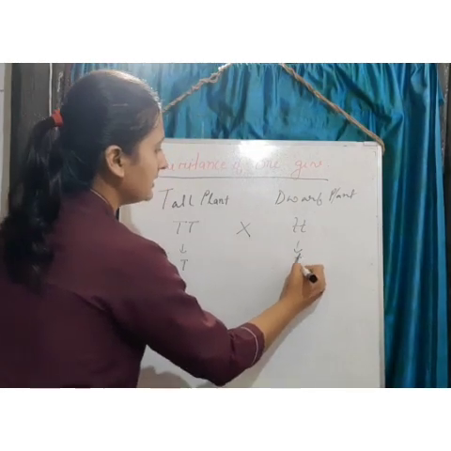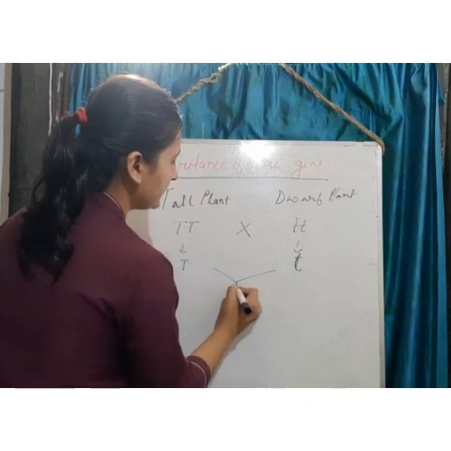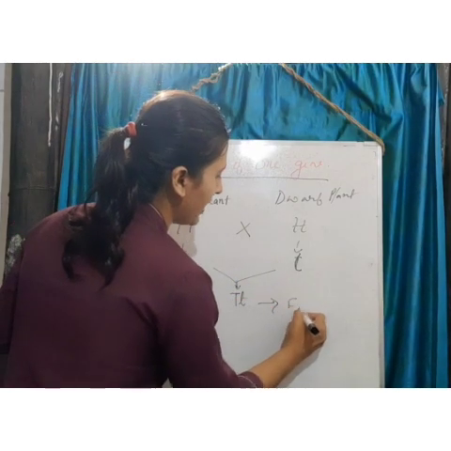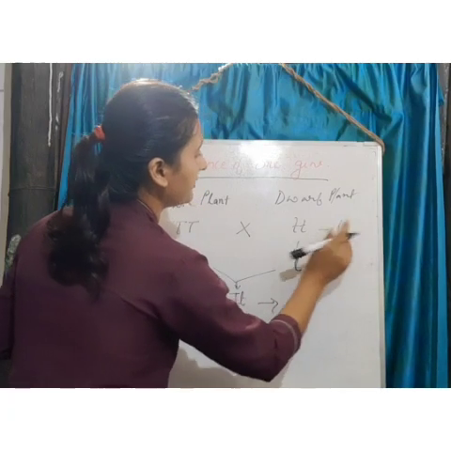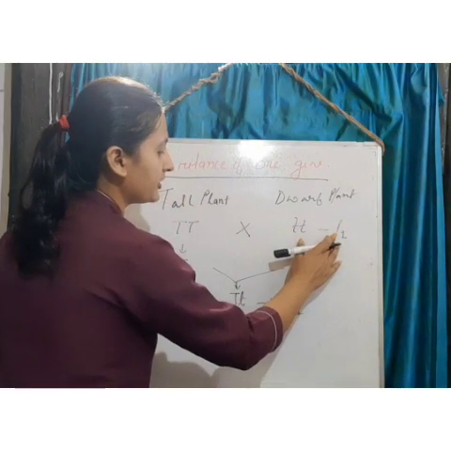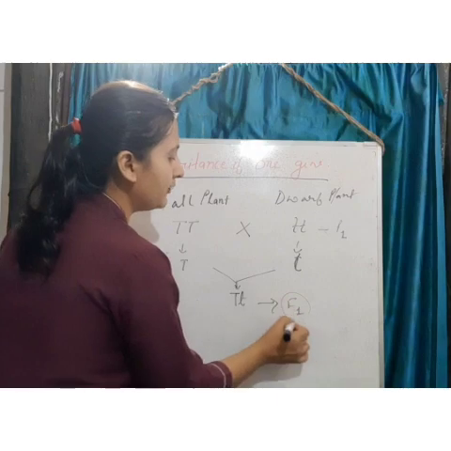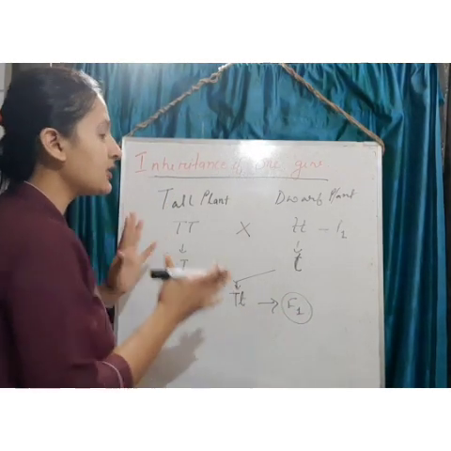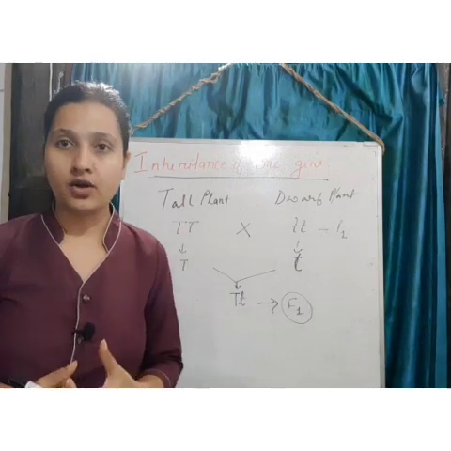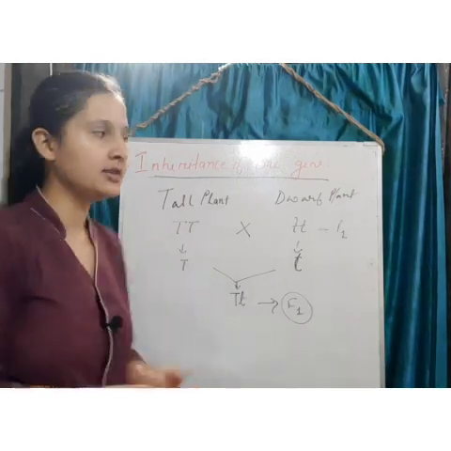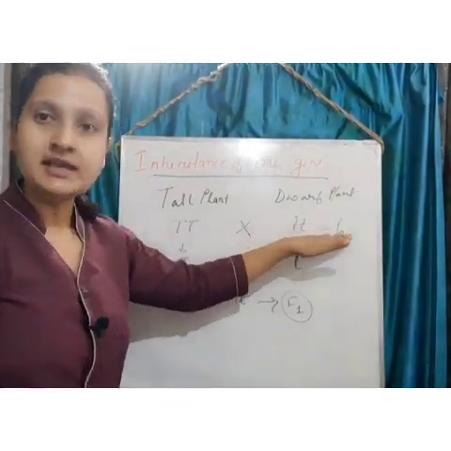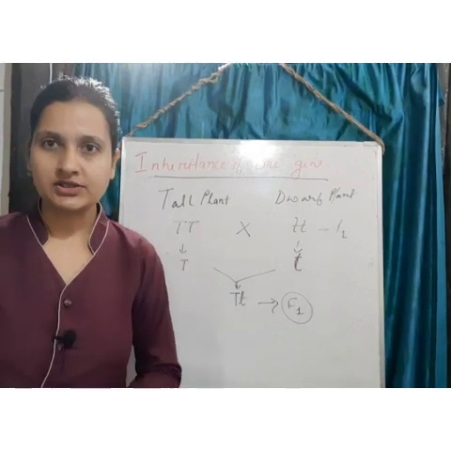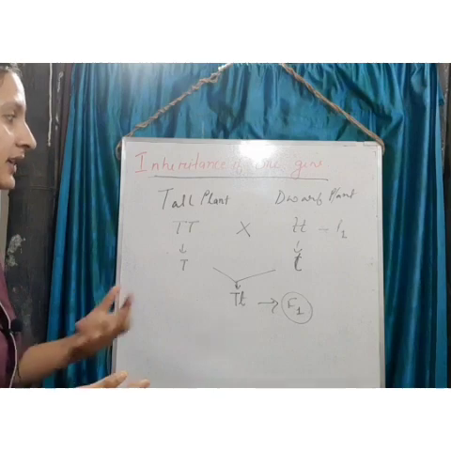As a result, this is F1 and this is P1, the parent of the first generation, and F1 means first filial generation. So the progeny obtained from the cross of the parents is known as the first filial generation.